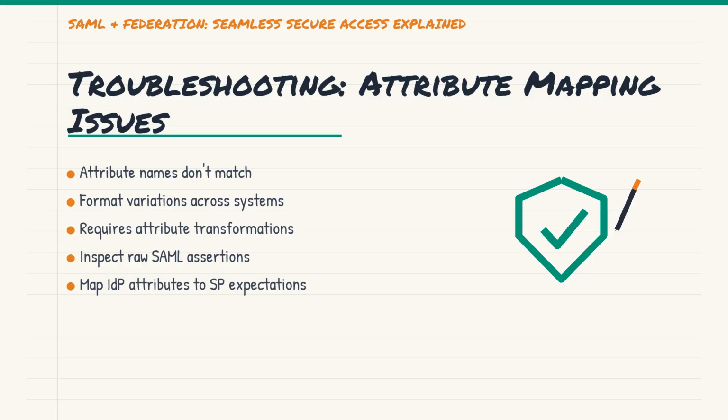You'll often need to configure attribute transformations or mappings on either the IdP or the SP side to bridge this gap. Using tools that allow you to inspect the raw SAML assertion is vital here. You can see exactly what the IdP is sending and where the SP is getting confused.